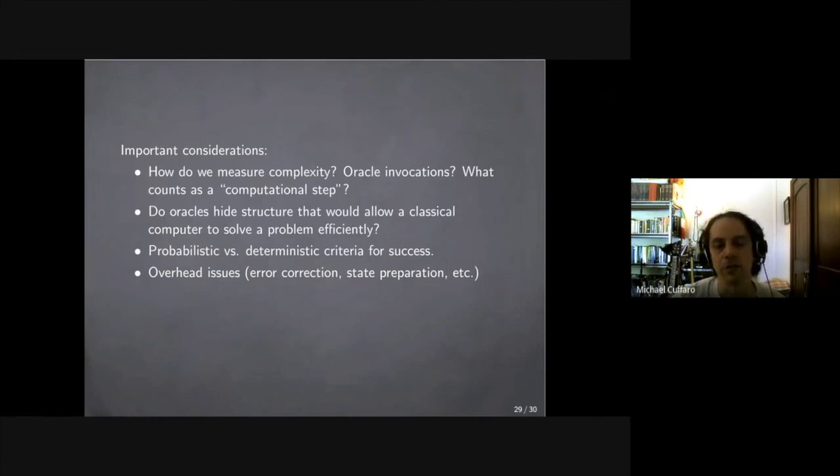These are more technical issues: there's a whole field of error correction which I haven't talked about, and how complicated it is to have a computation that is robust, in the sense that it is able to correct errors that arise during the operation. Issues related to state preparation. Arguably these are going to be minor when we have a large number of qubits, but of course they're important when we have a small number of qubits, as we do now in current instantiations of quantum computers.